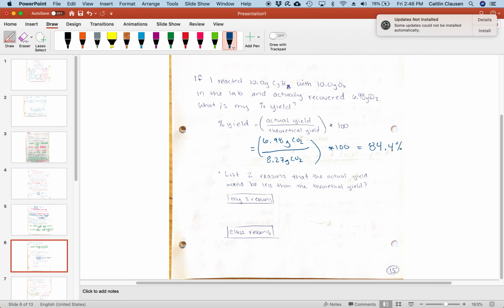So list 2 reasons that the actual yield would be less than the theoretical yield. If you want to pause the video here, take a second, write down some answers. There could be many more than 2, so I recommend asking some friends what they got. I would say one of the main reasons could be incorrect weighing of material.